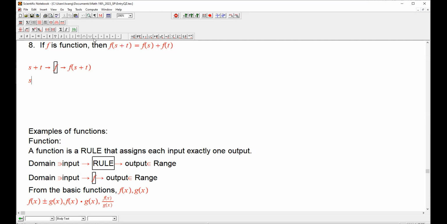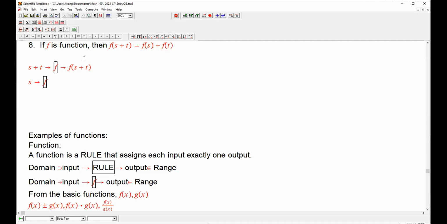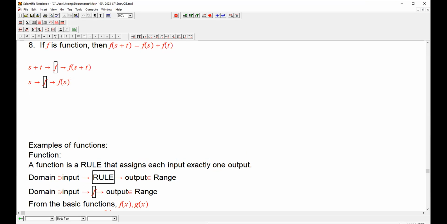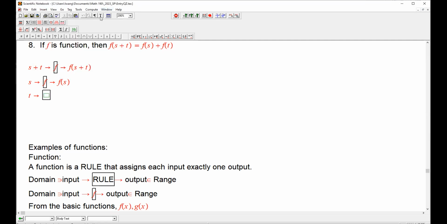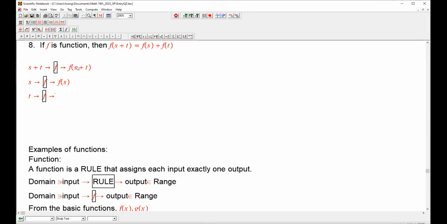The right-hand side says if you have S, apply the rule of the function, it produces f of S. And you have a T, apply the rule, and you get the output of f of T. So this statement says, if you produce f of S plus T this way, on the left, on the right-hand side, if you just give input to f respectively, you add the output, and they're going to be the same.